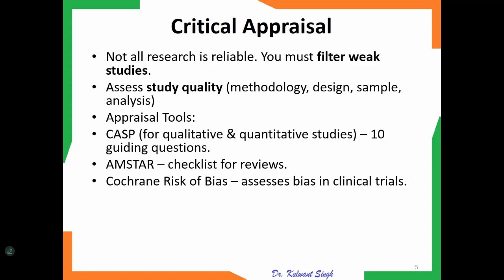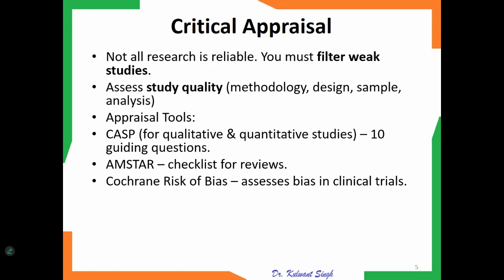In this program, we will design 10 guiding questions. On the basis of these questions, we will check whether a study has quality content and can be considered for my selection or not.